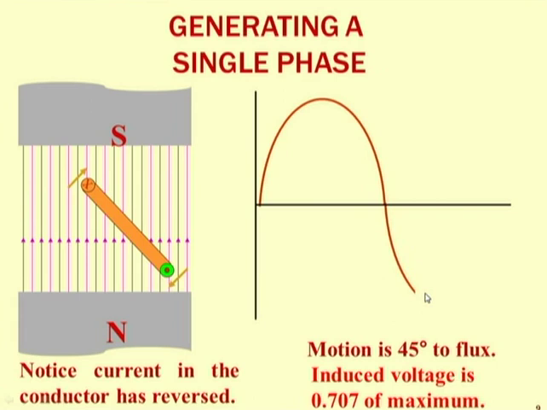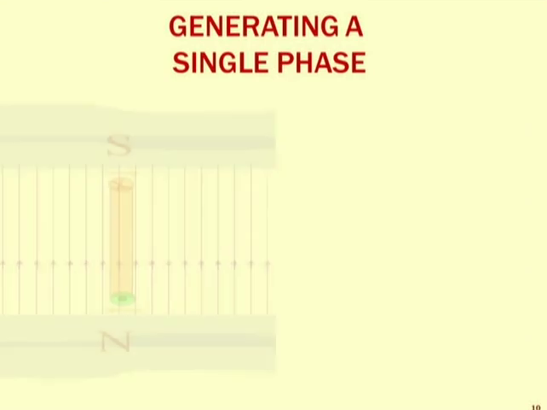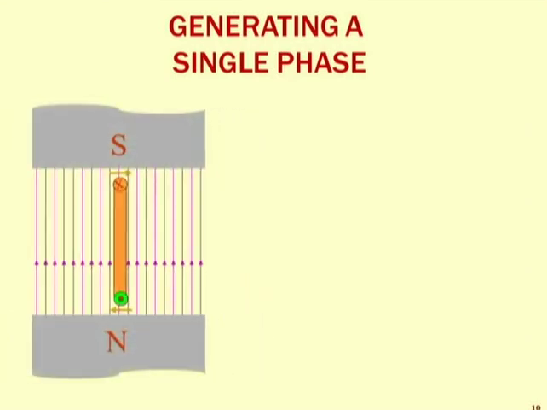Now here the voltage available is minus 70.7% of the maximum. If I am considering this as 45, so it is 180 plus 45, equal to 225 degree electrically.